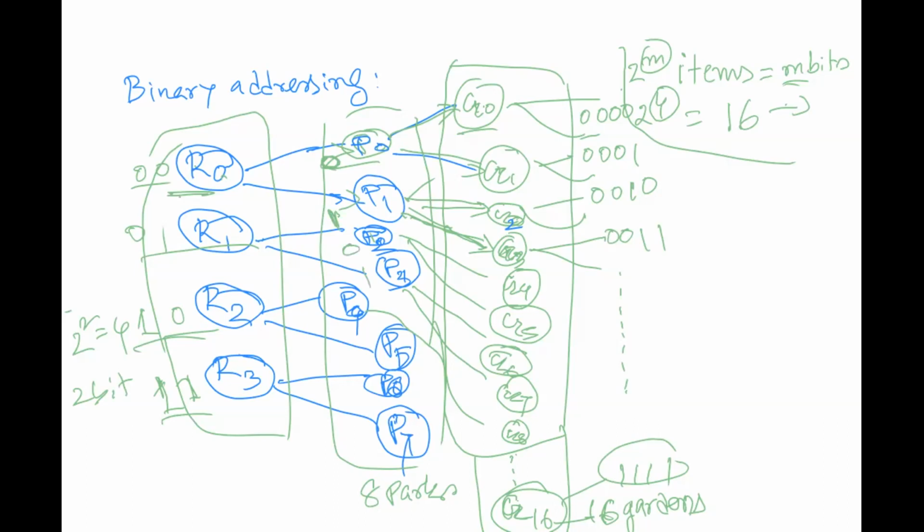From here you can see that each park also contains 2 gardens. There are a total of 2 parks, and 2 parks contain a total of 4 gardens. These 4 gardens are associated with a single road.